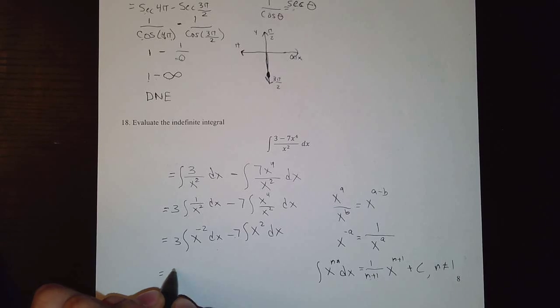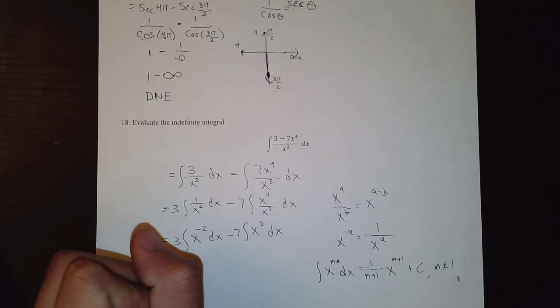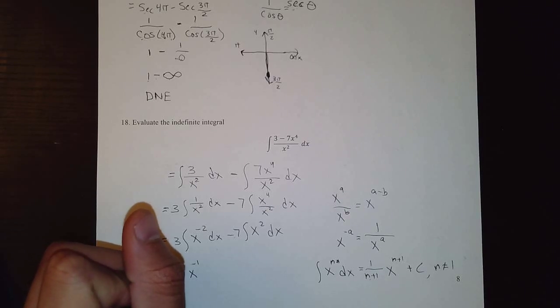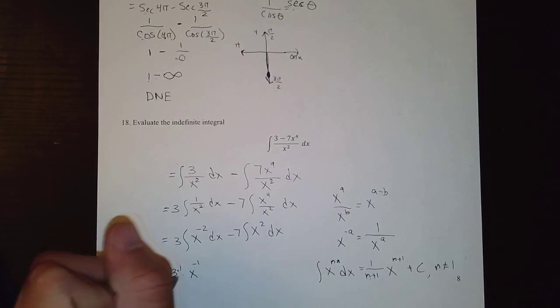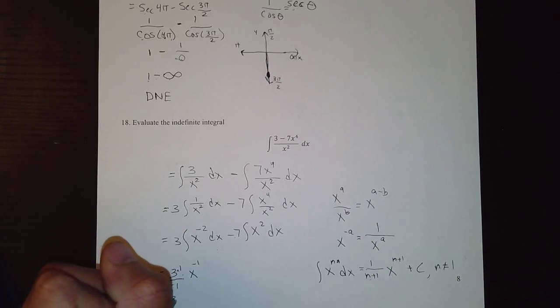So we have 3 times, and I add 1 to the power: negative 2 plus 1 is negative 1. So x is to the negative first power, and now I have to divide by the new power. This becomes negative 3x to the negative first power.